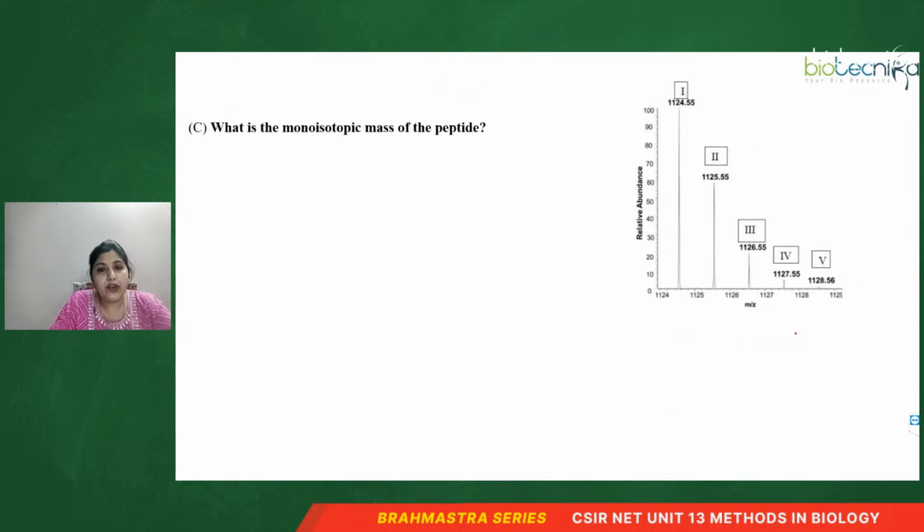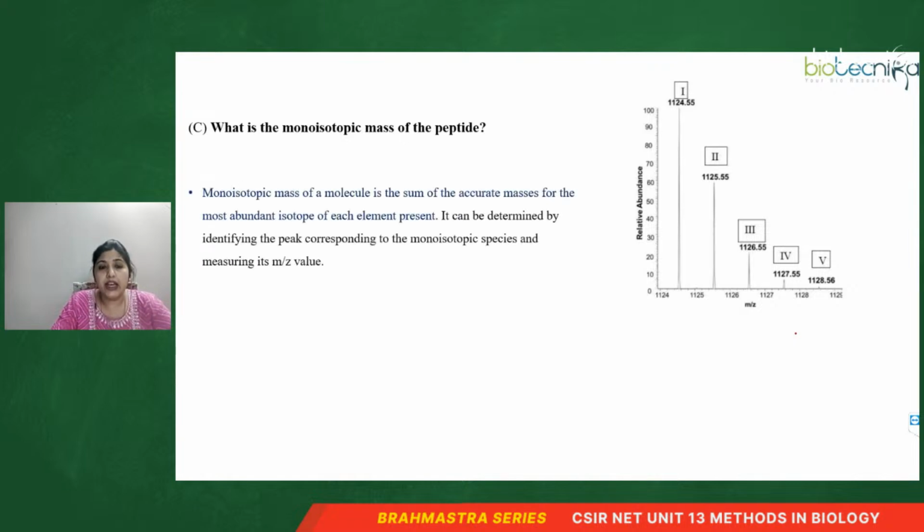But let's also study part C of the question, that is, what is the monoisotopic mass of the peptide? Remember, the monoisotopic mass of a molecule is the sum of the accurate masses for the most abundant isotope of each element present. If you see the y-axis, it indicates relative abundance, and therefore the height of the peak indicates relative abundance.